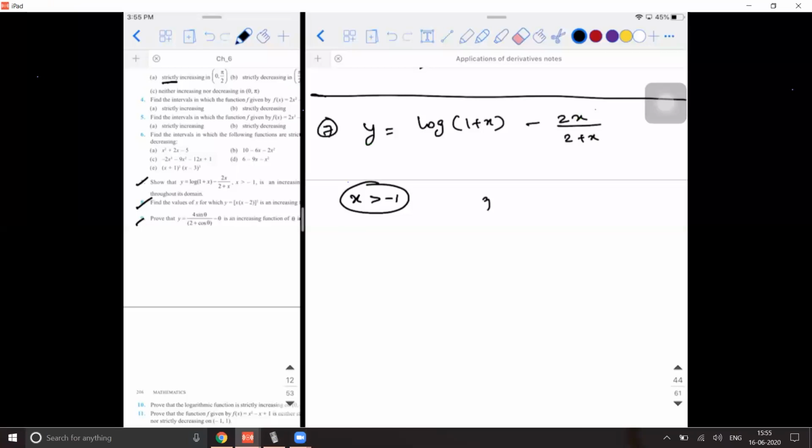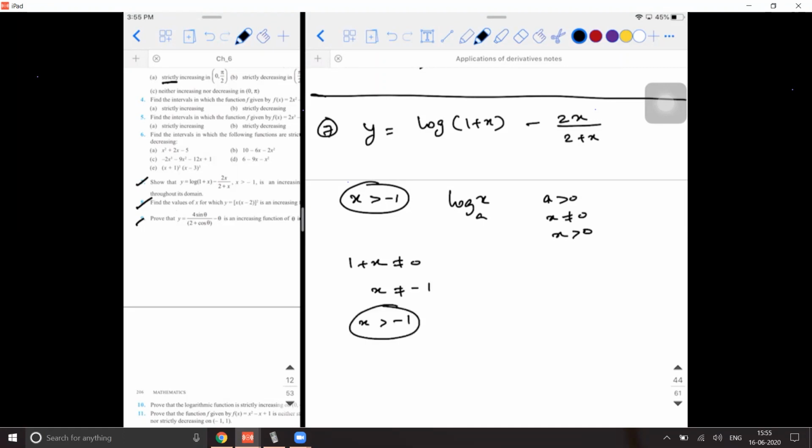If at all you have a function like this, log of x base a, then you need to ensure that a is greater than 0 and x is greater than 0. When that should happen, 1 plus x should not be equal to 0, means x should not be equal to minus 1 and hence it has to be greater than minus 1. That is the reason. Even if it is not given in the question, you are supposed to know. Can someone tell me what is the domain of this function?